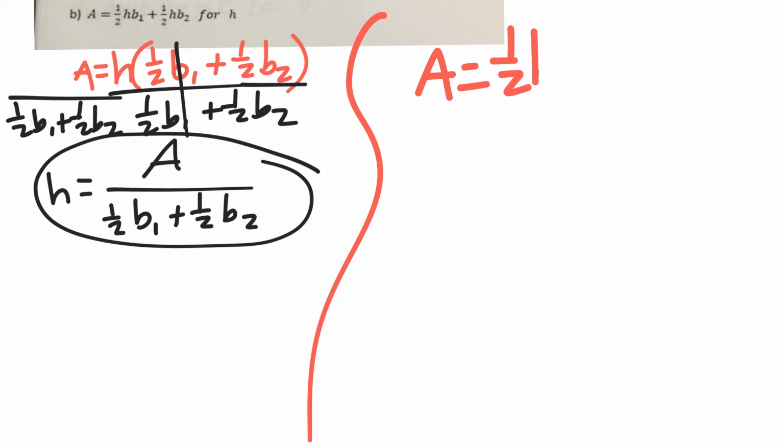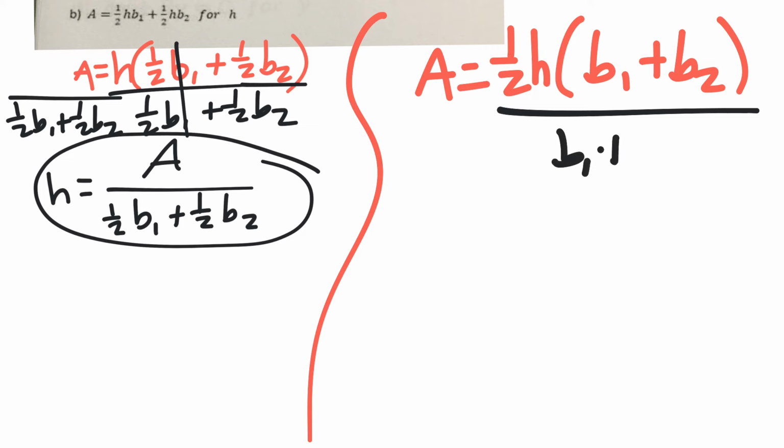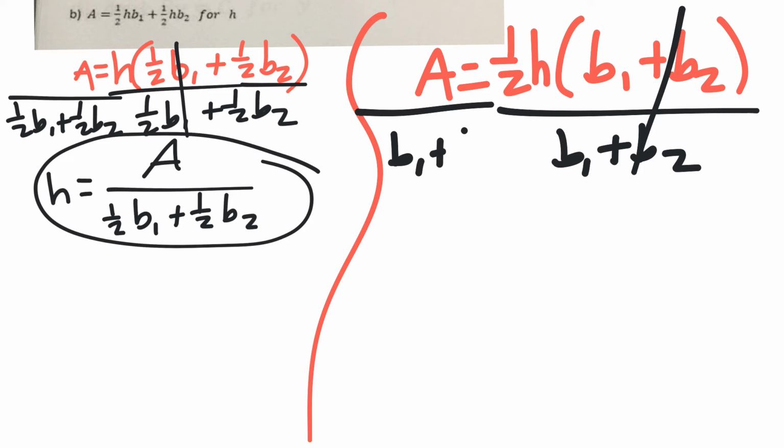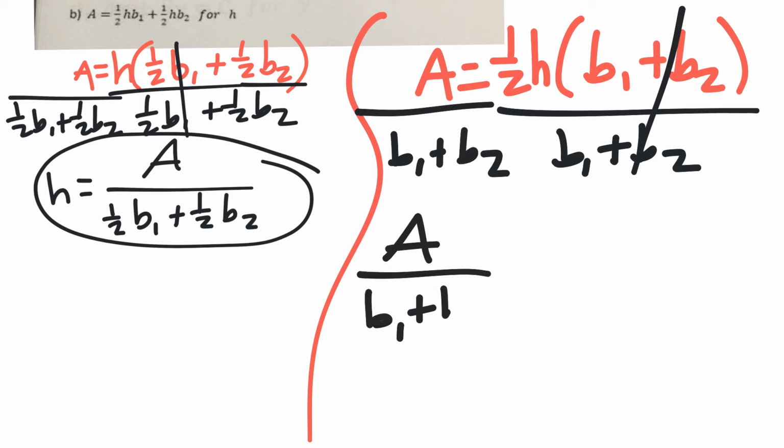I factor out a 1/2 times the height. That leaves me with base 1 plus base 2. Now, I would divide by base 1 plus base 2 on both sides. So it tells me the area over base 1 plus base 2 equals 1/2 the height. Now, how can I get rid of multiplying by 1/2?